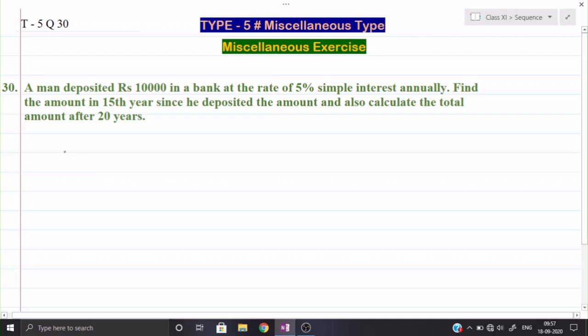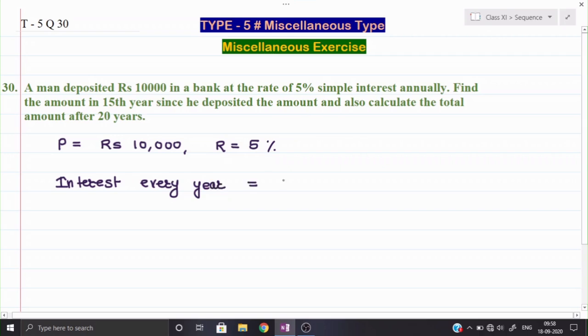So first you see what principal amount is given in this question. Principal amount is given here, rupees 10,000. Then what rate is given here? 5%. Time is flexible, not same, so time we are not going to mention. We can say interest every year is P into R into T upon 100, because it is simple interest.